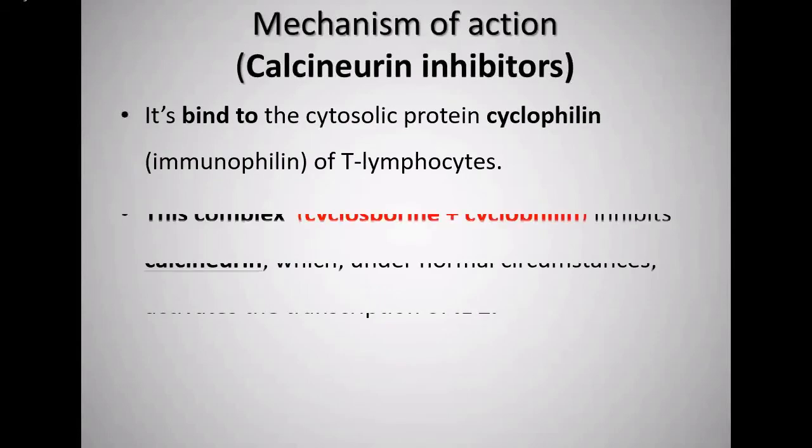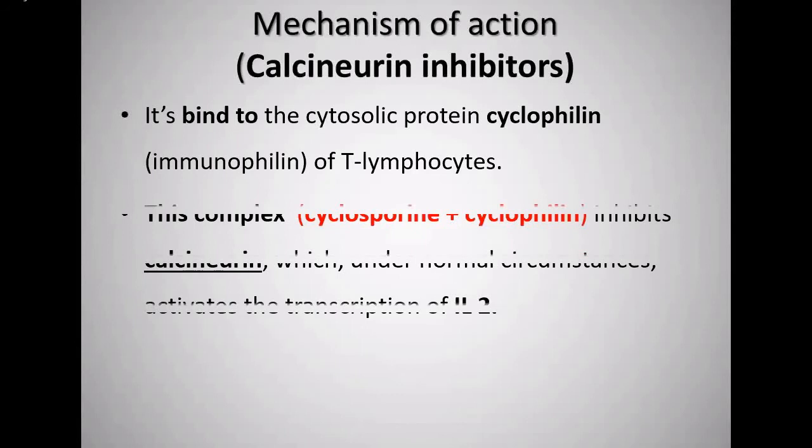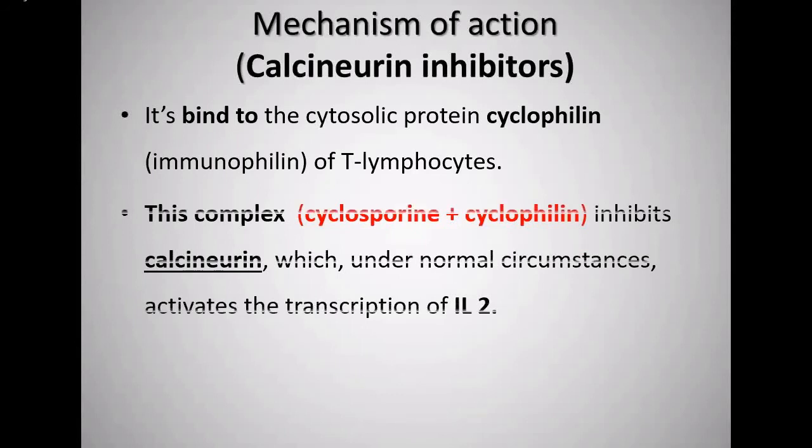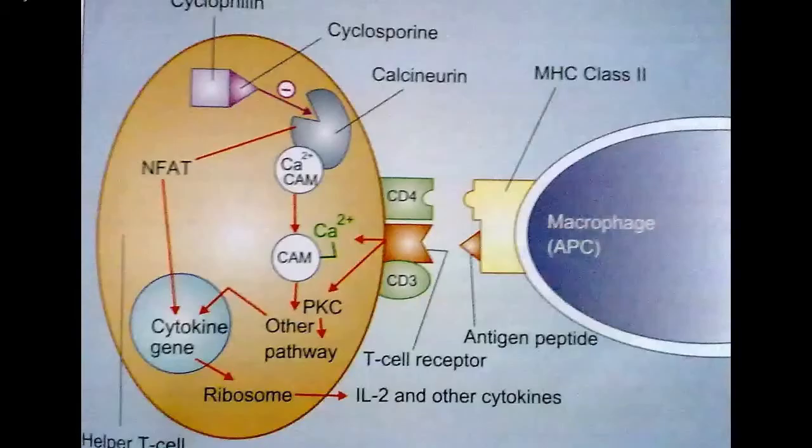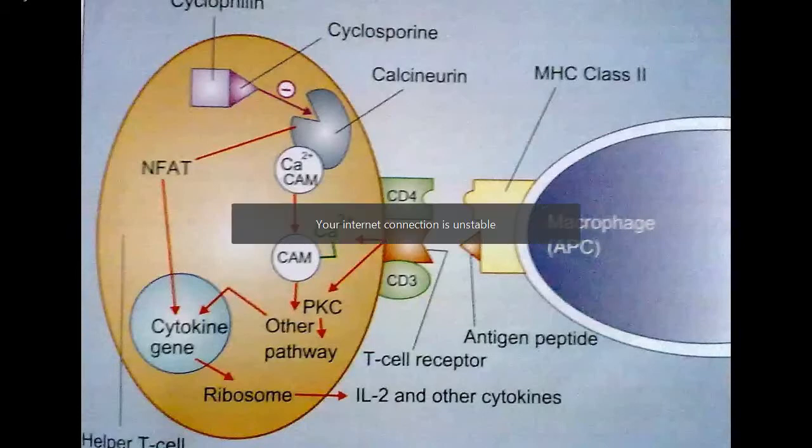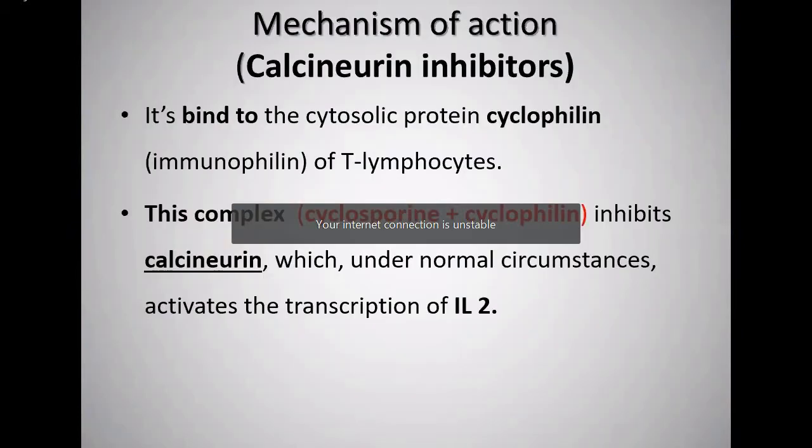If we go into detail on the mechanism of the drug, these drugs can be classified as calcineurin inhibitors. What is calcineurin? It's a protein present in the T lymphocytes.